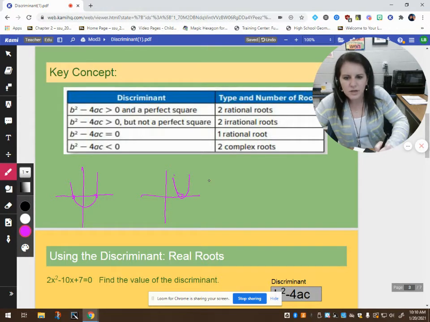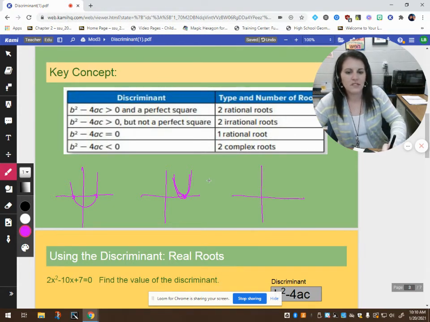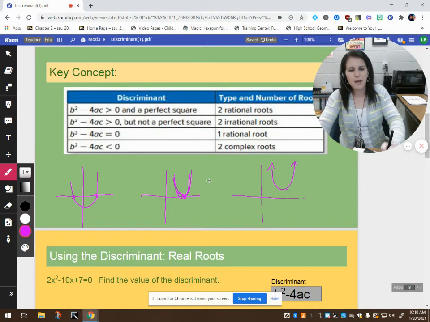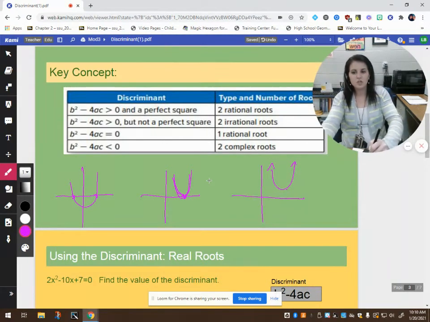So I meant to draw it kind of like this. There we go. So it only touches on 1 spot. So this only has 1 rational root. And then we have parabolas that don't actually ever cross the x-axis, so they have imaginary roots because the roots are just where that parabola crosses.